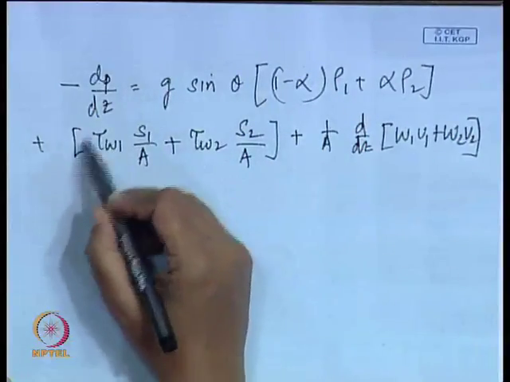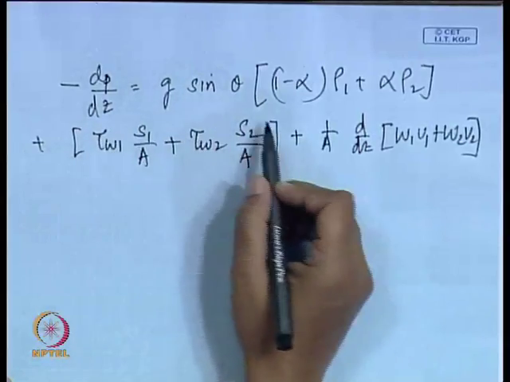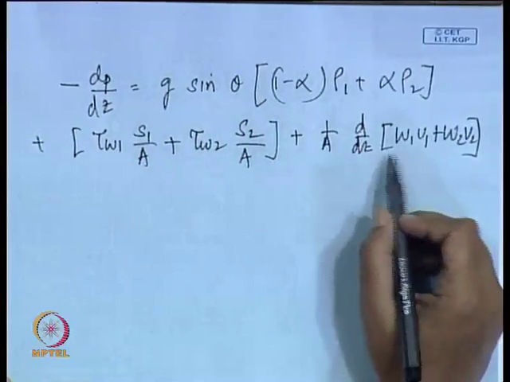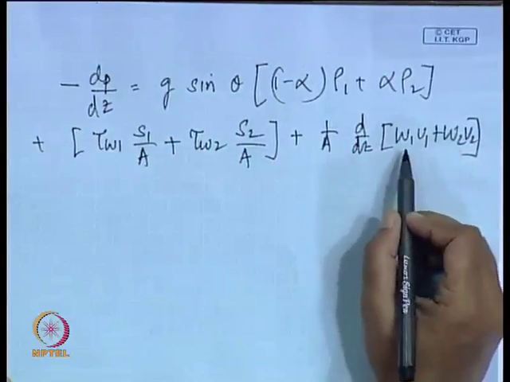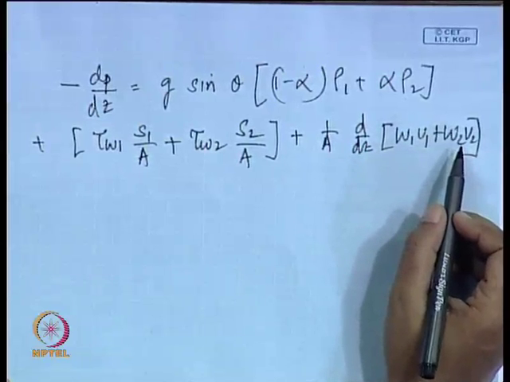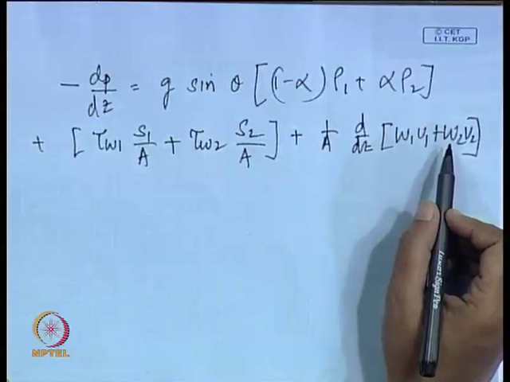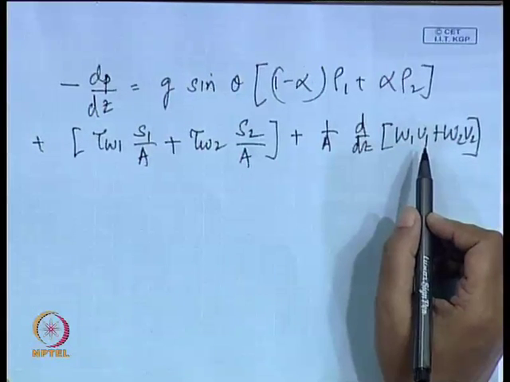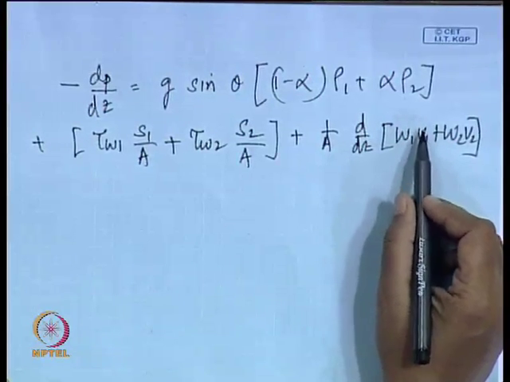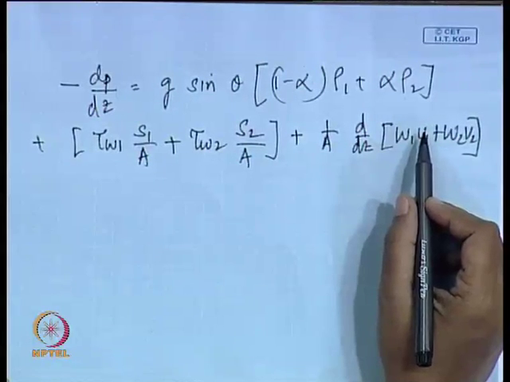Other than that, the frictional pressure gradient, of course, we have to discuss methods. Here we find W 1, W 2 are known, but U 1, U 2 are not known. Again, they are the in situ velocities of phase 1 and 2, and they vary because these in situ velocities are functions of specific volume, pressure gradient and so on.